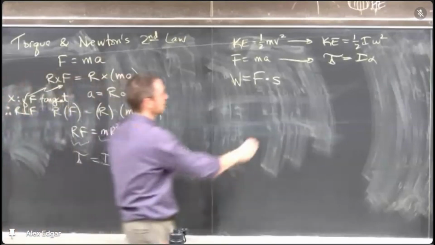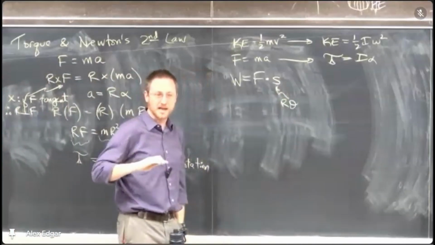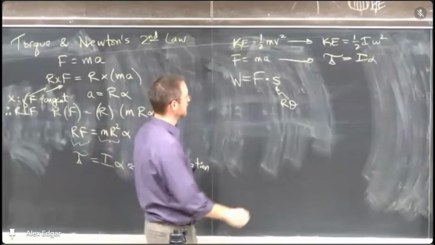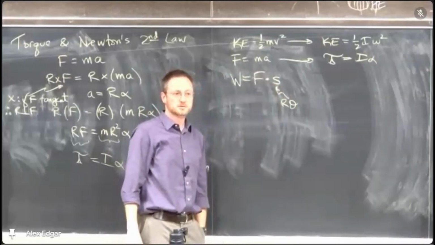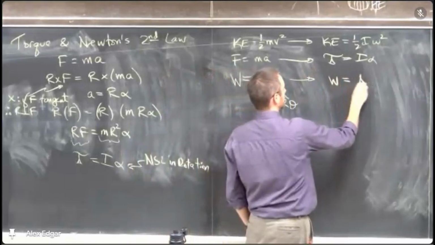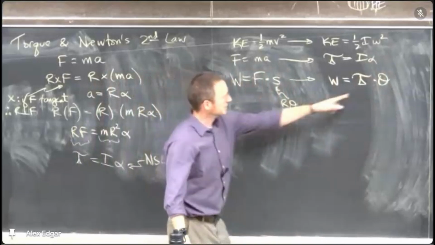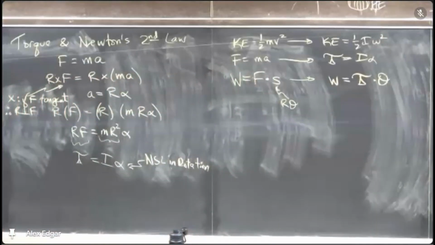So if we say r theta, and we're only keeping F perpendicular to r, we're not doing anything where F is not perpendicular to r right now, because that would be a mess, then we're going to have F times r times theta. What's F times r, or r times F? Torque. So work equals torque times theta. r times F is torque, and theta is just theta. We can take all the linear things and turn them into the rotational equivalents by swapping in the angular quantity symbol, but it's the same basic idea.